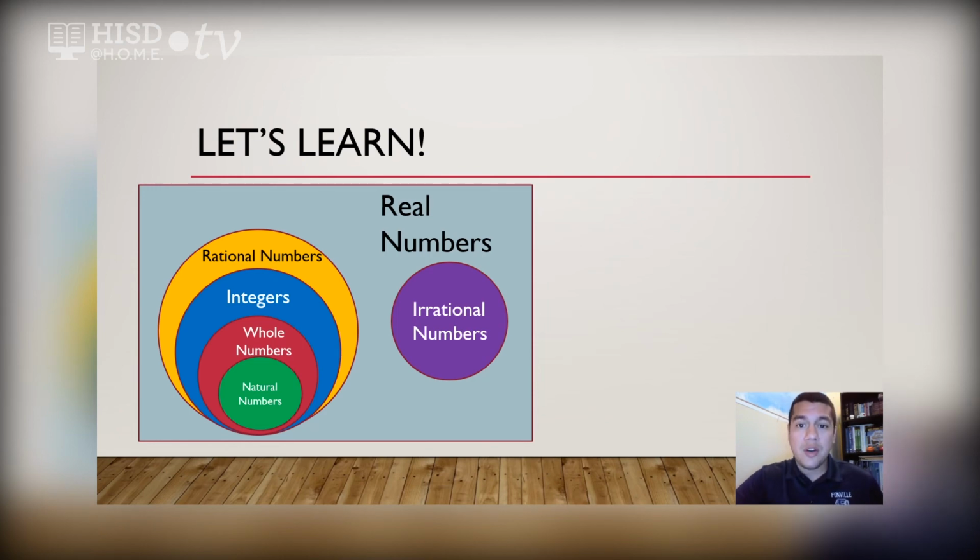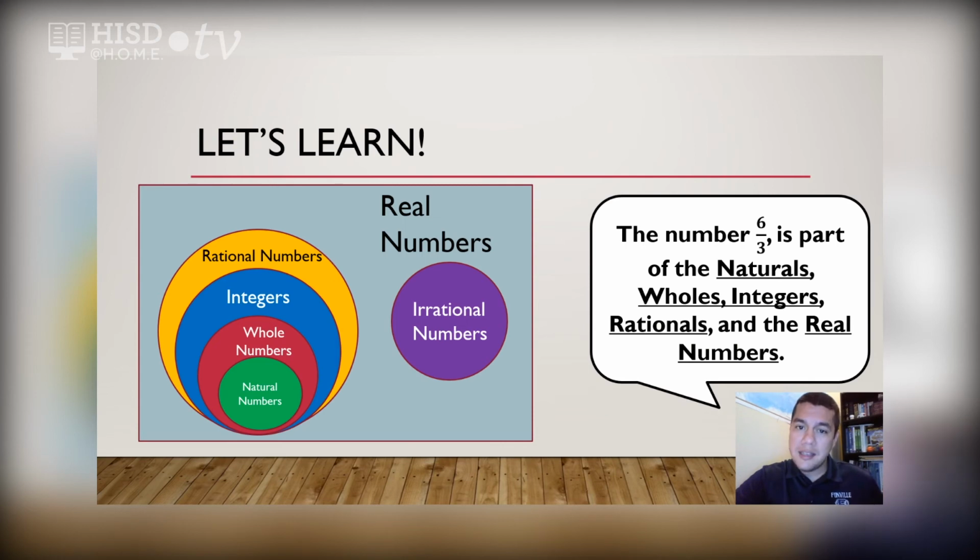So now our sentence stem is going to look like this: the number 6/3 is part of the naturals, wholes, integers, rationals, and the real numbers. So every time that you have a fraction, make sure that you simplify it in order to know which set it is contained in.